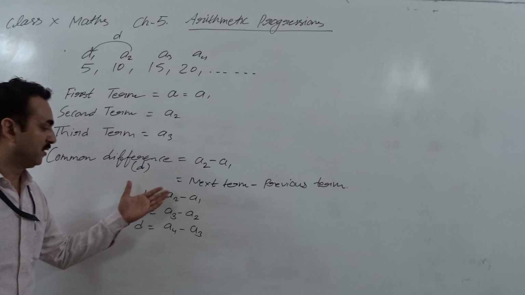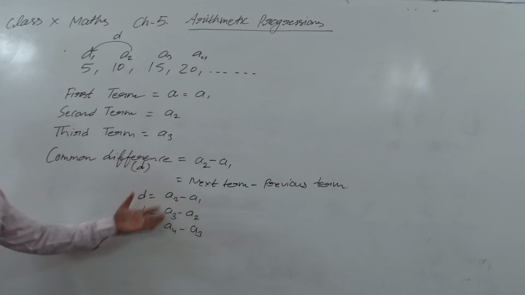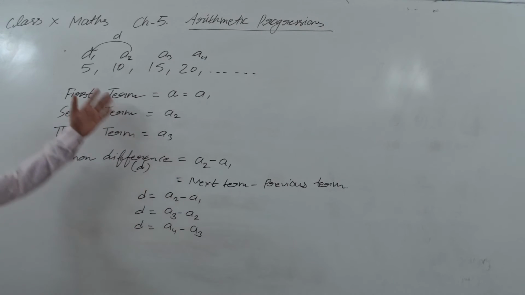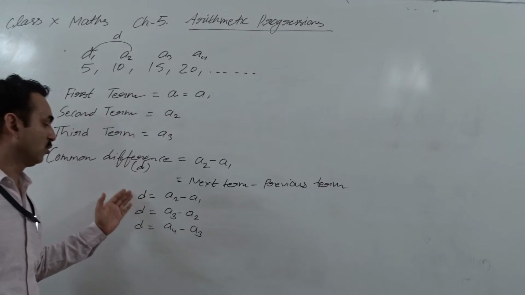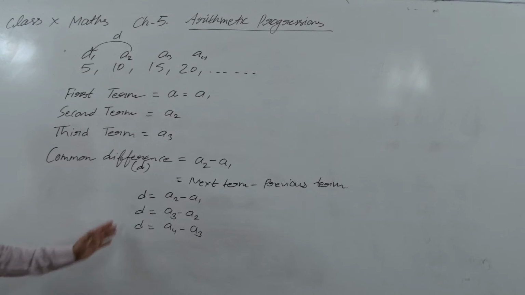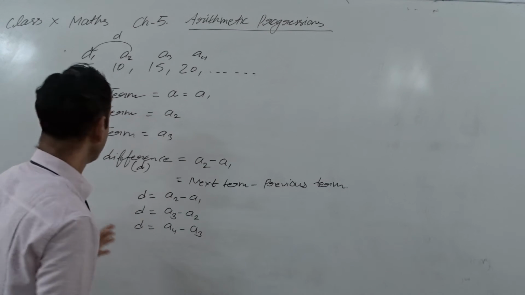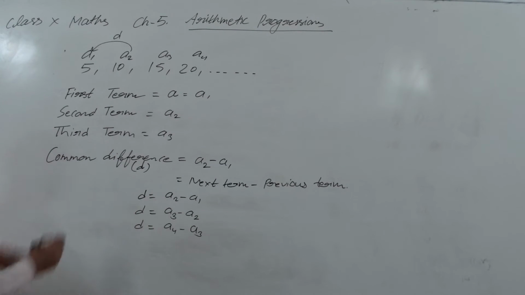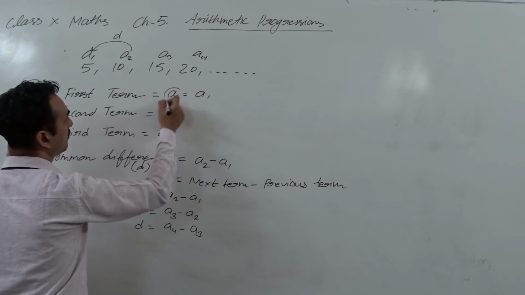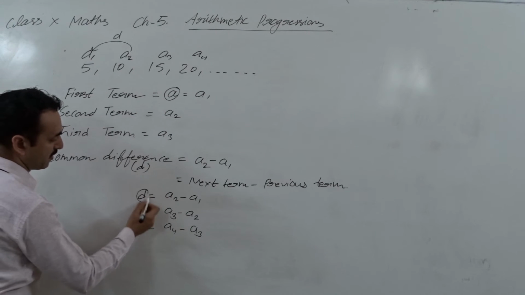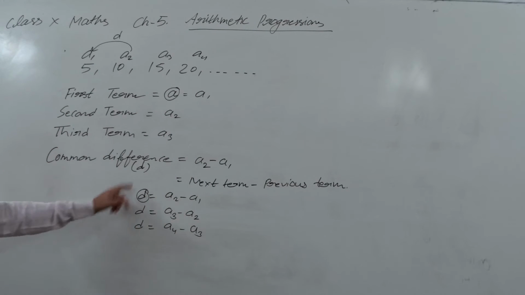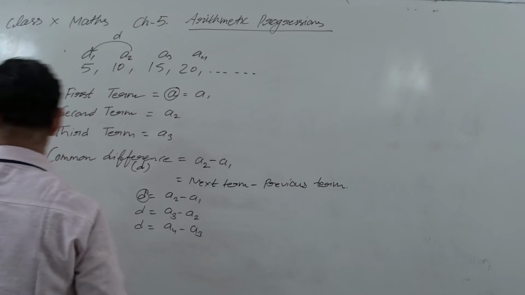This is just a method to find the common difference between any two terms, and if this difference is the same, then it is an AP, otherwise it is not an AP. So the first term is A and the common difference is D. Basically these two variables are related to arithmetic progression.